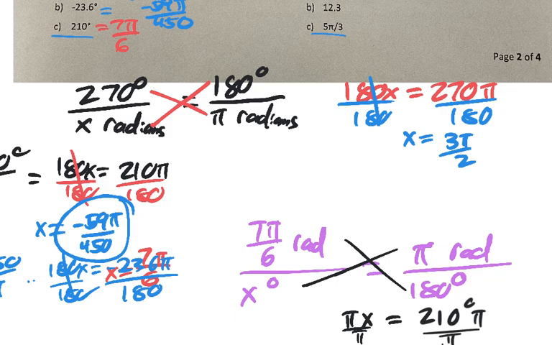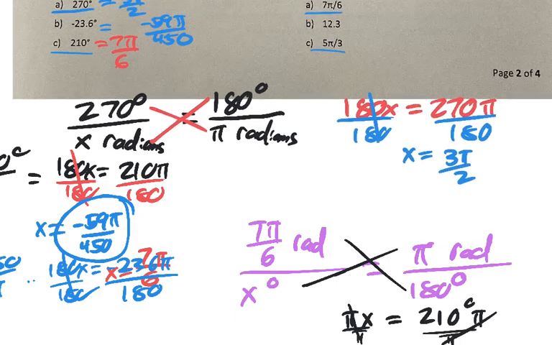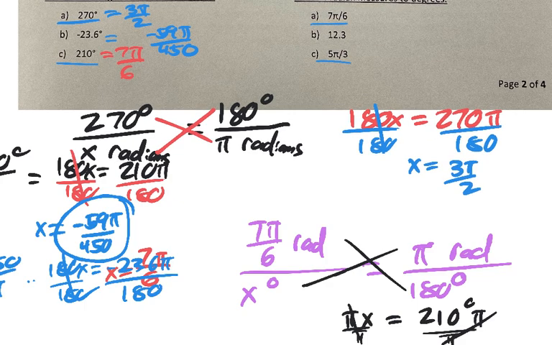Divide by pi. So x equals 210. We kind of already did that one. Yeah, but how did you get that?